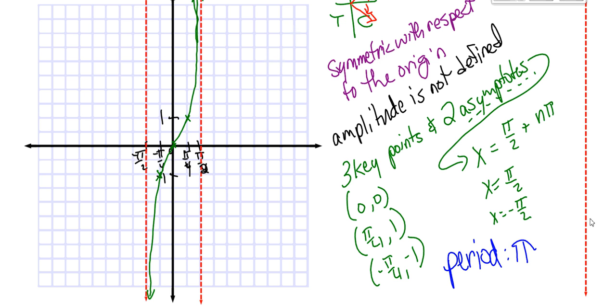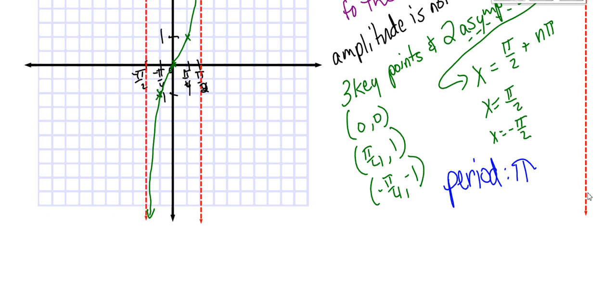So before, when we used the period is 2 pi over b, now for tangent and cotangent, the period will be pi divided by b. It is not continuous. It has infinite discontinuity at pi over 2 and then increments of pi thereafter. So for this one, the domain is the set of all x such that x does not equal pi over 2 plus n pi.